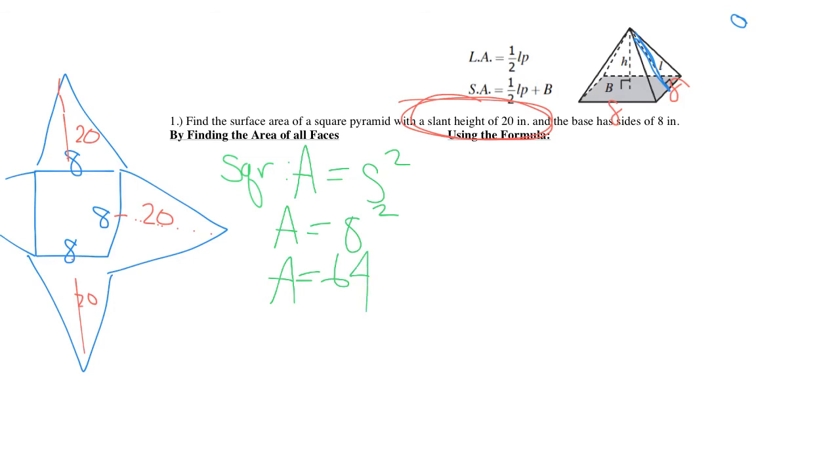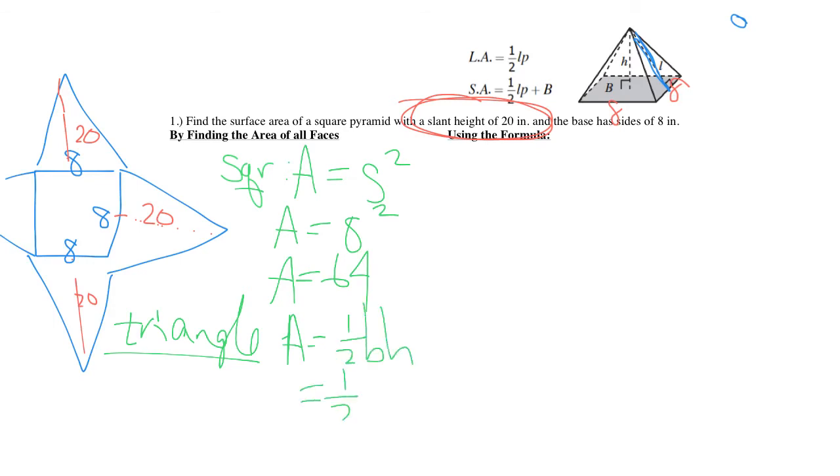All right, next we need to find the area of the triangles. The area formula for a triangle is 1/2 base times height, which is 1/2 times 8 times 20. So 1/2 of 8 is 4, and 4 times 20 is 80.